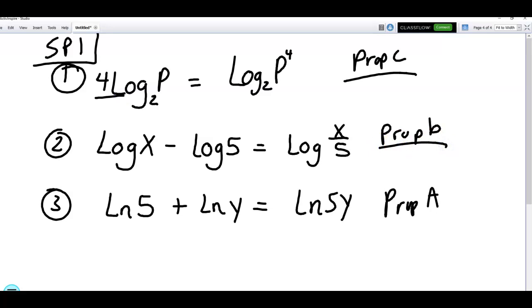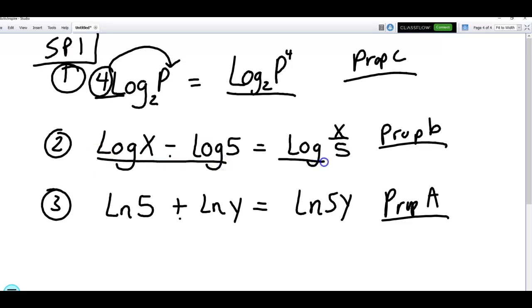Property B is when you have subtraction. Property A is when you have addition. Property C tells us that I can take this number and make it a power, so that's why this is my answer. Property B tells me that I can put these together as one log if I do this divided by this, so I get x over 5.